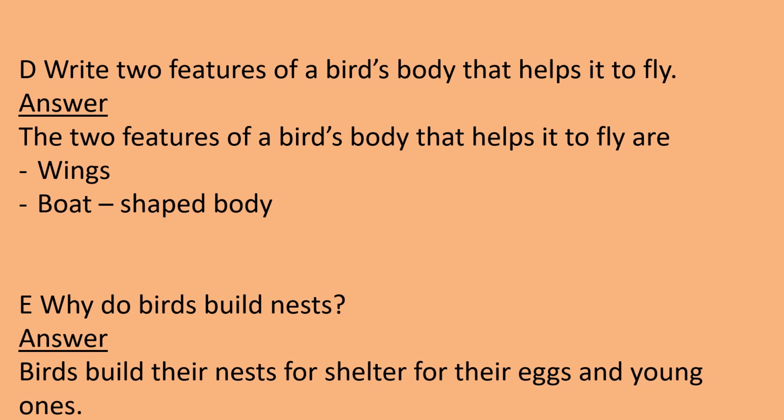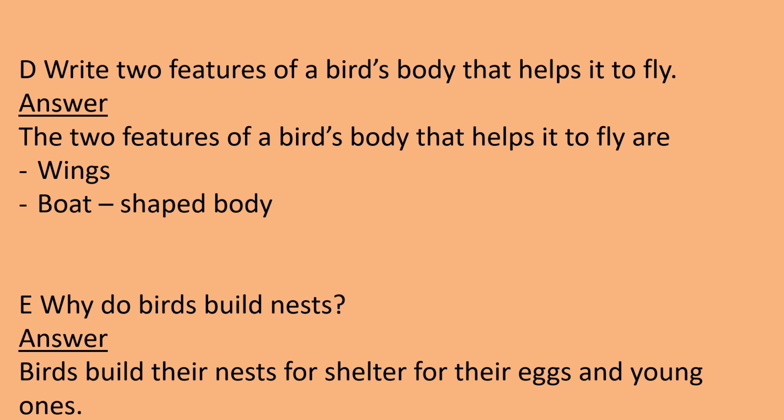Next question is, write two features of a bird's body that help it to fly. Children, here we need to write about the two special characteristics of a bird's body which differentiate it from others, which help it to fly.